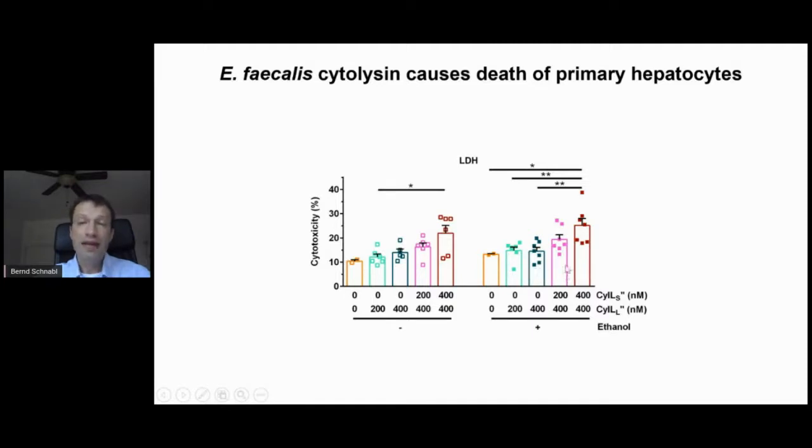And then when we add the 2 subunits of the cytolysin, all of a sudden we can increase cytotoxicity. And in particular, if we add the highest dose of cytolysin subunits in an equimolar dose, you can see that this is a significant increase of cytotoxicity as compared to the untreated hepatocytes, suggesting that the cytolysin is directly hepatotoxic to the liver.